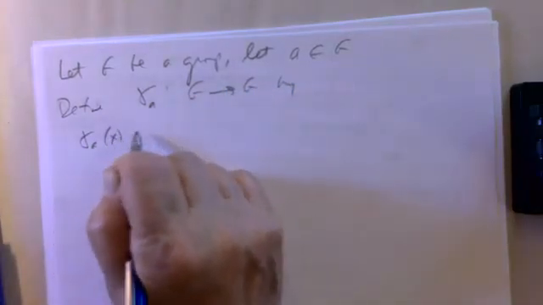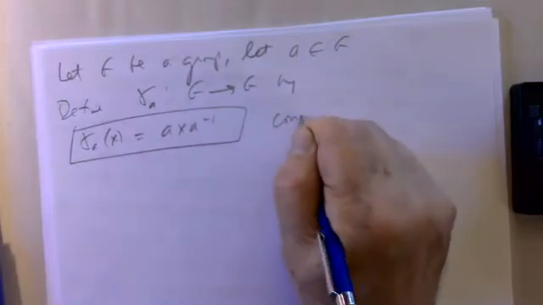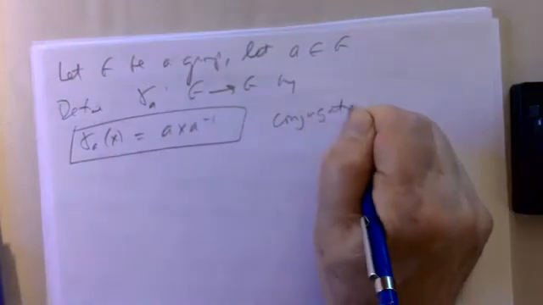Gamma sub a of x is equal to a x a inverse. And we call this operation conjugation by a.